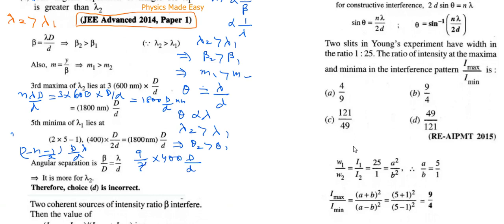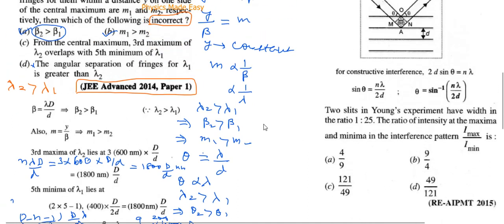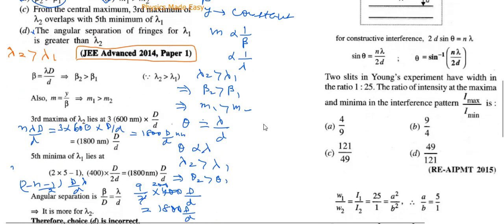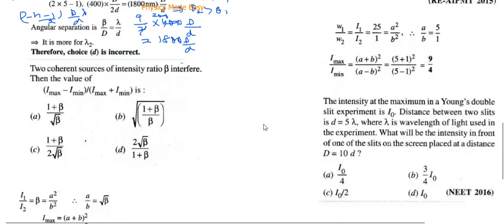Now this is 200 times 9, which is 1800 D by d. So the third maxima is 1800 D by d, the fifth minima is 1800 D by d. The third maxima of lambda 2 coincides with the fifth minima of lambda 1. So this problem was quite easy. Don't go by the fear psychosis that it is a JEE Advanced problem.